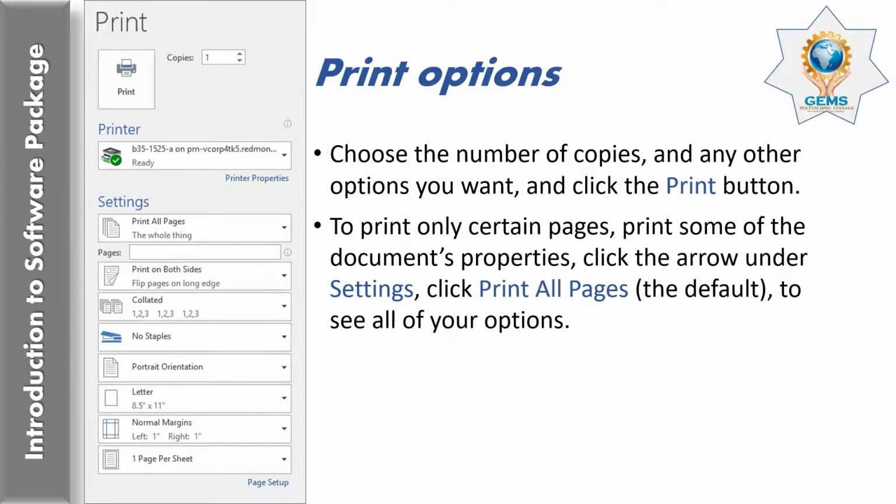And there are settings in that print option. You can customize the settings. There is a default, Print All Pages, which means the whole document is going to be printed. You can change the print settings. If you want to print only certain pages or some of the document properties, click the arrow under the settings and click Print All Pages.